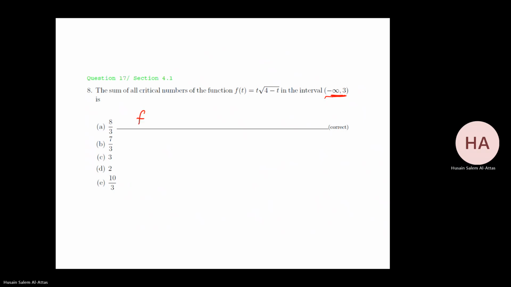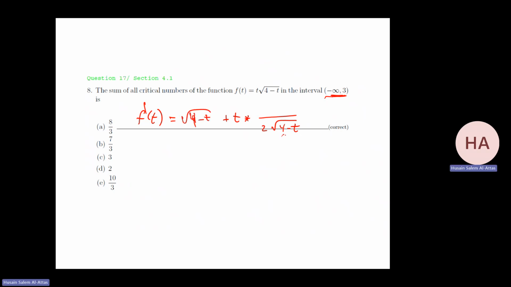Now what will be f prime at t? Derivative of the first one times the second. Let me write it as a power easily. Plus t times 2 square root 4 minus t.